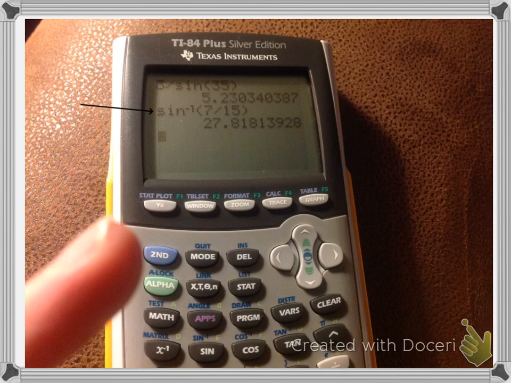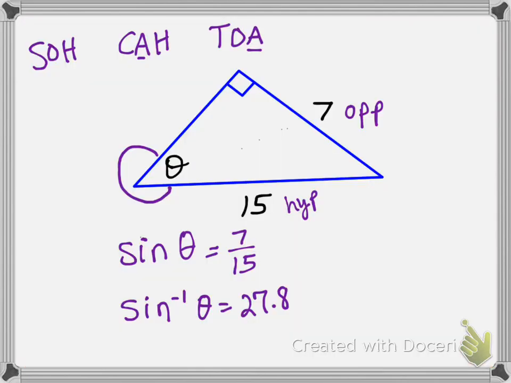Anyway, we see that it's actually 27.81, which will round to 27.8. Once again, the inverse of sine is what we use to find angles. You may as well be saying, what is the angle whose sine is this? And it's going to be 27.8, and we'll go ahead and give it a unit in degrees.